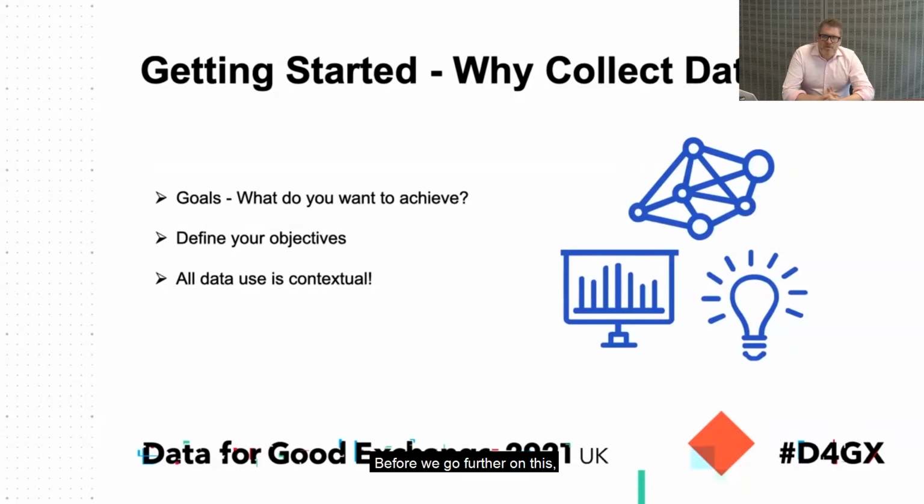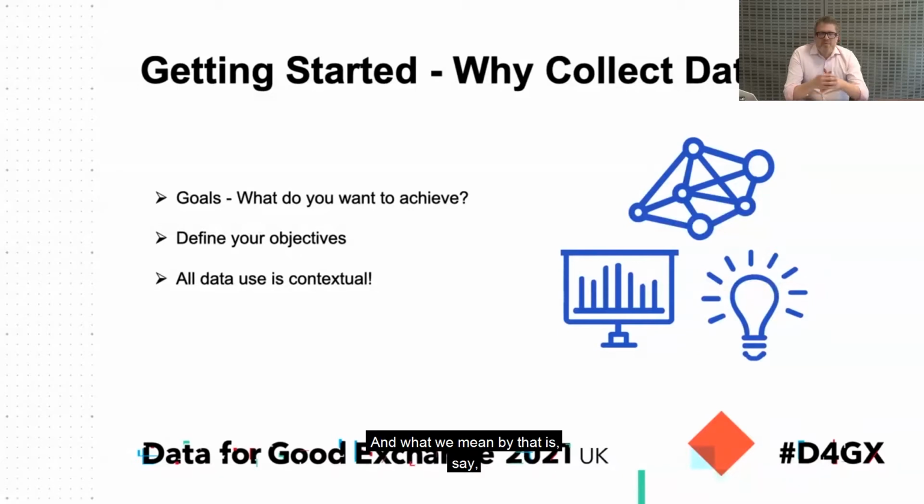And before we go further on this, the last critical point in this context I want to mention is really this: all data use is contextual. And what we mean by that is that data is not neutral in itself. Sometimes it can appear to be driven by numbers and taken out of context, but it's not neutral, and there's no one-size-fits-all approach to sourcing your data and using it.